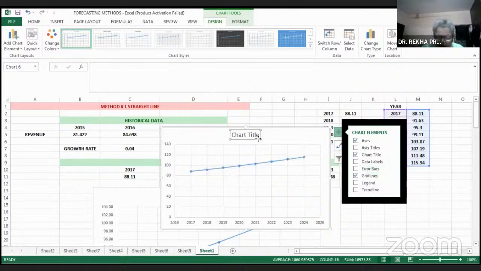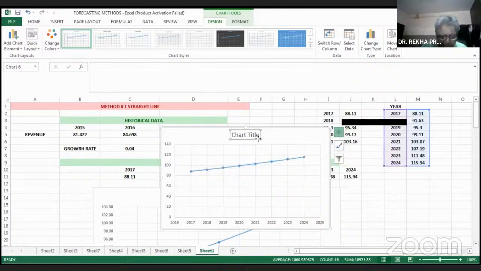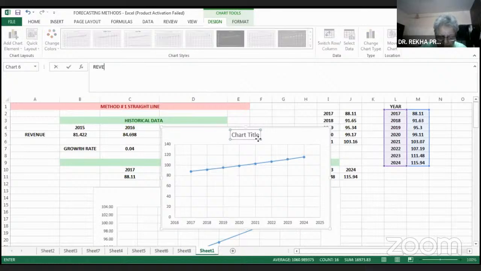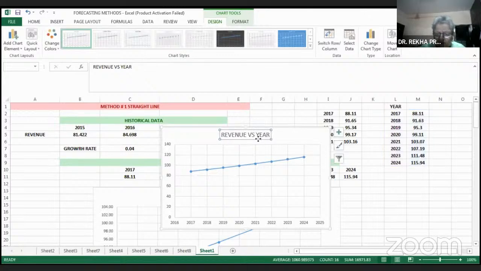I can write it is revenue versus year, actually it should be revenue versus year or year versus revenue, whatever you want.